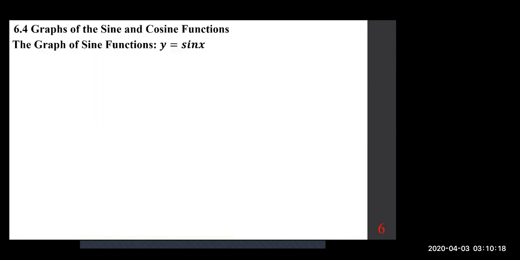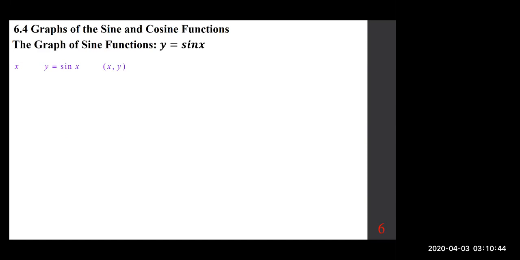So I want to start with the graph of the function y equals sine theta. Now, in the beginning, sine x or sine theta. In the beginning, when we don't know anything about a function, we just plot points, as you know. So we just have seen the value of trigonometric functions for common arcs, so we can use those.